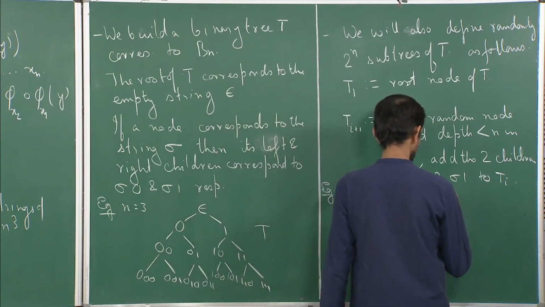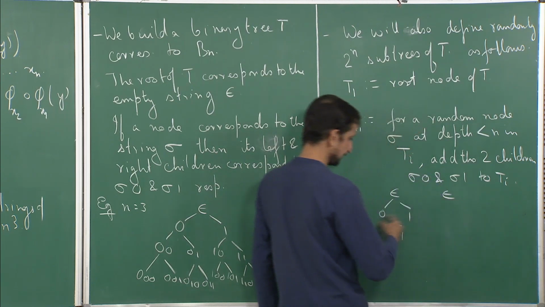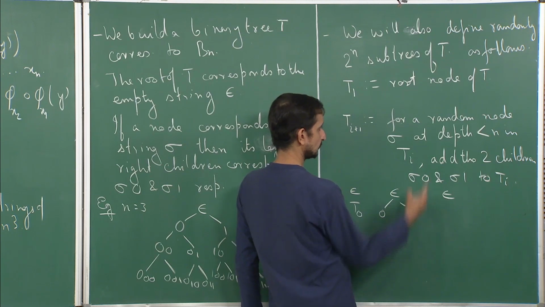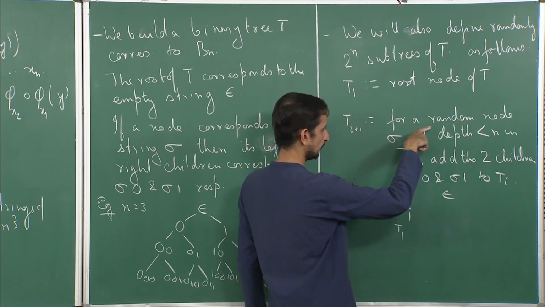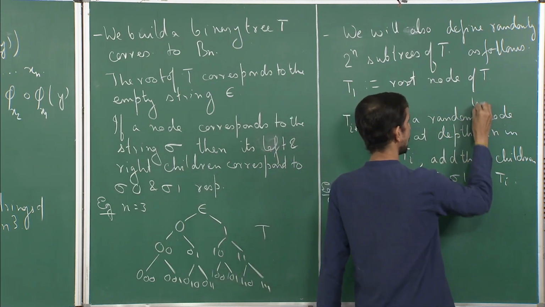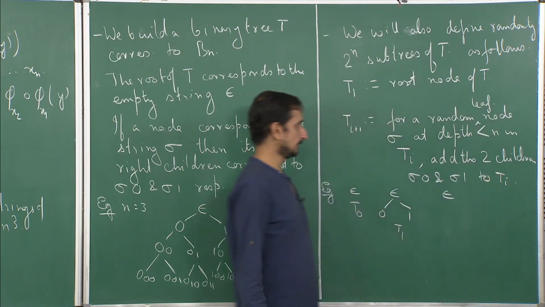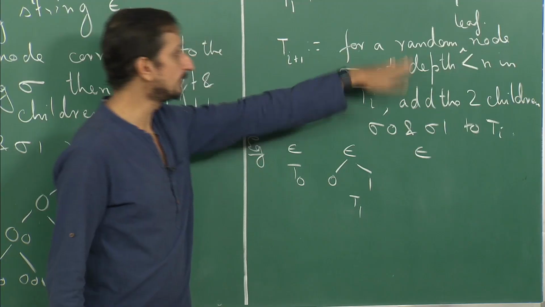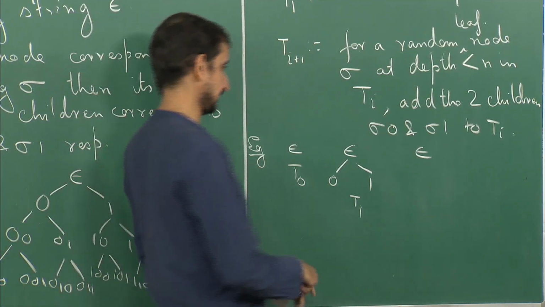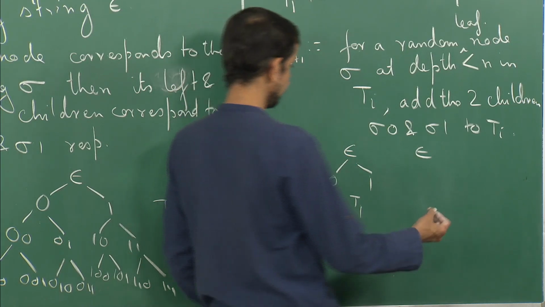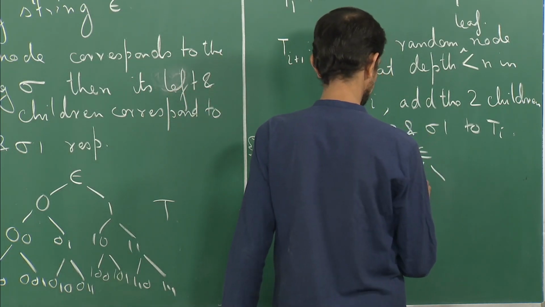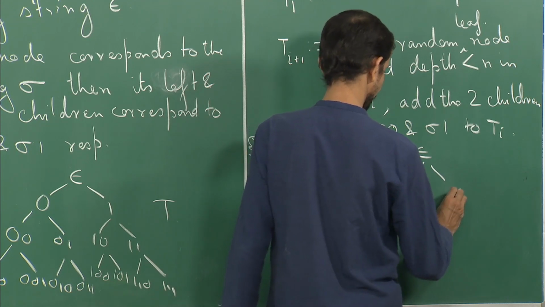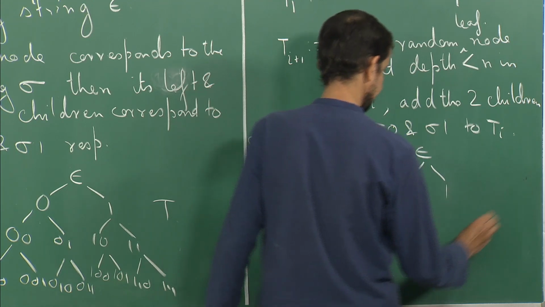Okay, now T2, I randomly pick one of these two, so not just a random node, but a random leaf node. Okay, so in an internal node, of course, you cannot add any children. For a random leaf node at depth less than n. Okay, so between these two leaves, I pick any one. So let's say I pick this guy and I add its two children 0, 0, 0, 1. This becomes my T2.